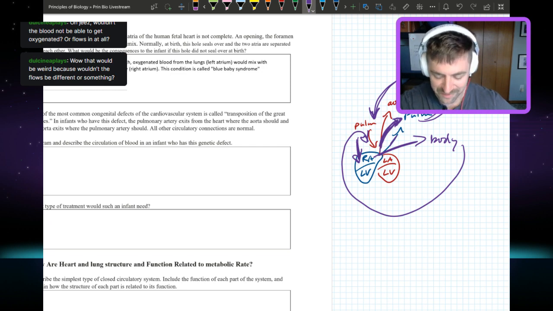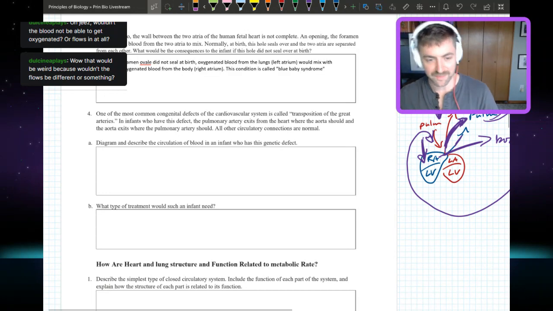What type of treatment would such an infant need? I'm going to type this out so you guys have it.